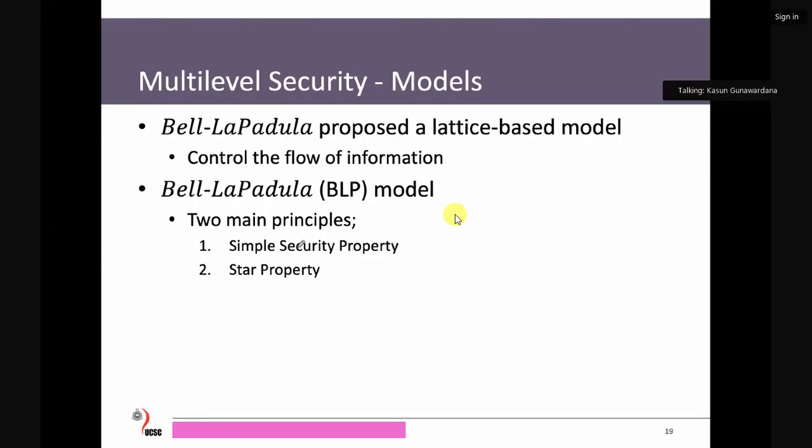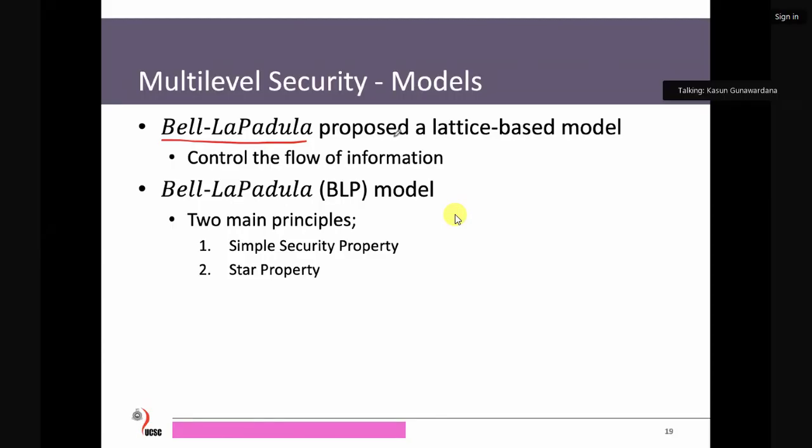When it comes to multi-level security models, there is a conceptual model that is followed, called the Bell-LaPadula, or BLP, model. It is a model that is followed through these multi-level security frameworks, and it controls the flow of information.